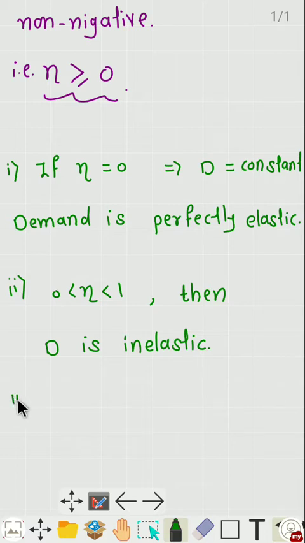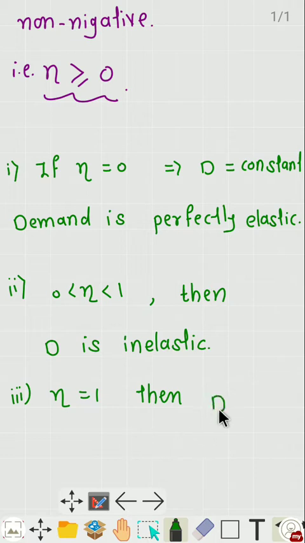The third observation is, if eta is equal to 1, then demand is directly proportional to price.